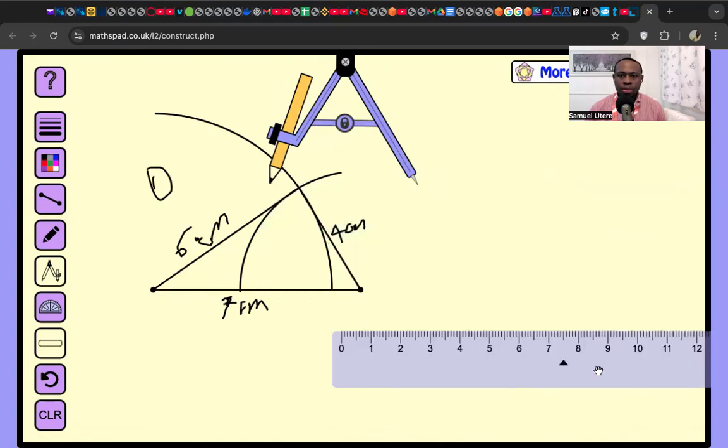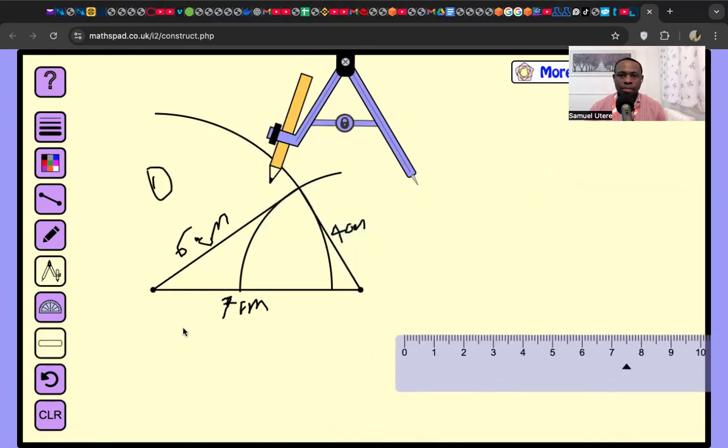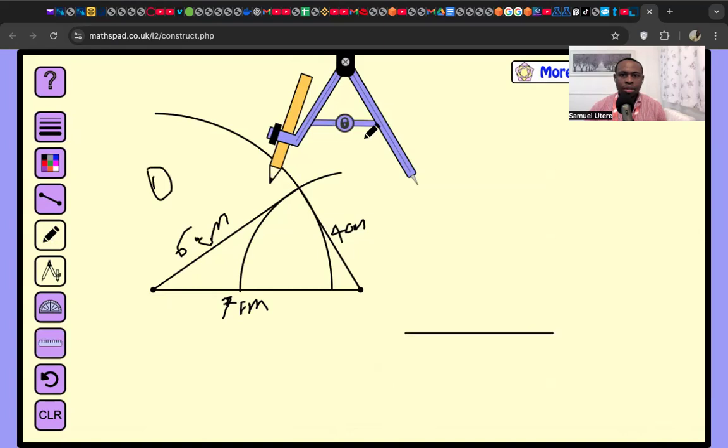So let's draw the first part, which is 5 centimeter. We just need a line that is 5 centimeter. So take a pencil. We'll start from here. We want 5 centimeter. I think that's about right. We'll move the ruler out of the way. We take our compass, which is 5 centimeter. Let's remove that.